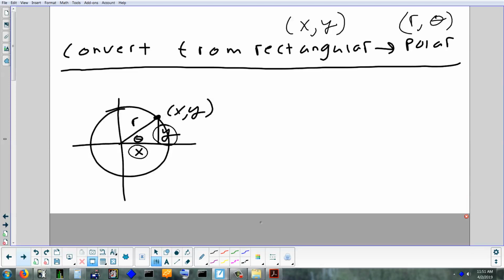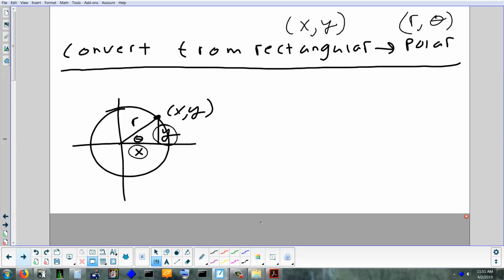How would you get r? What is it? Yeah, Pythagorean Theorem. I'm going to write this down nicely on the next page, so you can just watch for now. But yes, to find r, you would use Pythagorean Theorem. Now, what trig function would involve x and y?